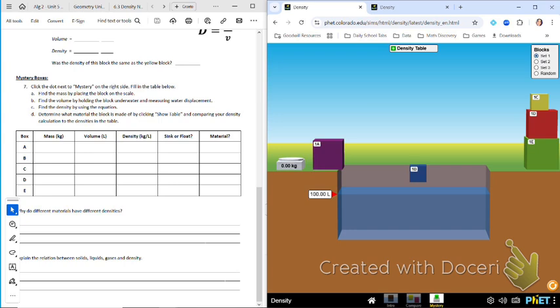I'll put it all on the screen in a second, but what is our displacement volume going to be? 1.0. 1. Okay. C is 19.32. Our displacement this time for the volume is just 1.